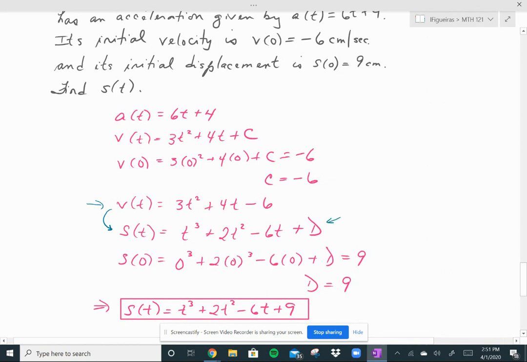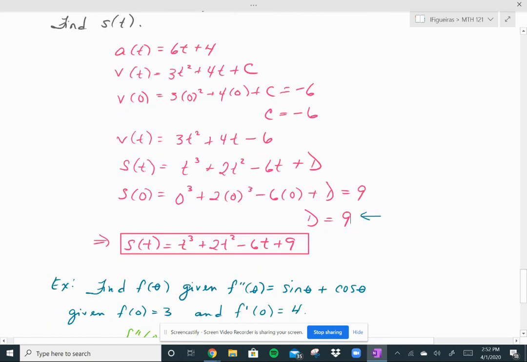So we have to solve for d by using the initial value information given in the problem. So s of 0 equals 9. Replace all of the t's with 0 and set it equal to 9. You find that d is equal to 9. So your displacement function is what you see here in the box. It's t cubed plus 2t squared minus 6t plus 9.